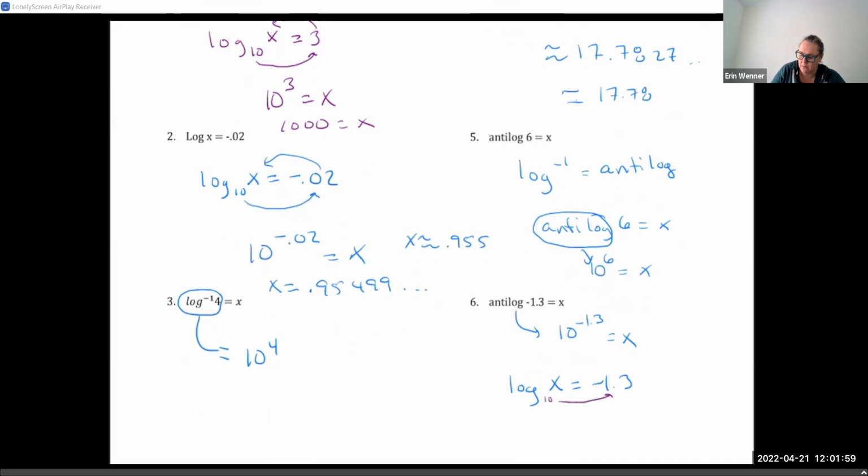I would raise it to the negative 1.3 and it's equal to x. So that's sort of showing how anti-log notation matches our normal log notation. Again, all we want to know is, can you take that anti-log piece and think, oh, that means 10 to the exponent of whatever the number is there, okay?